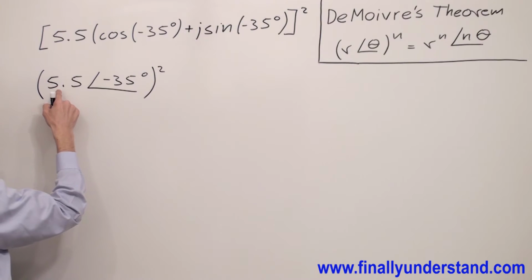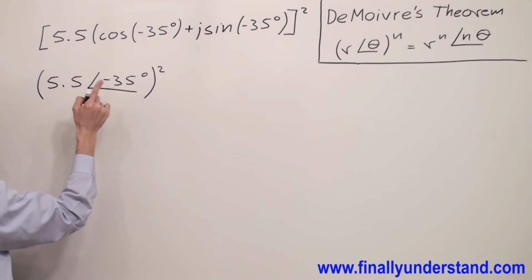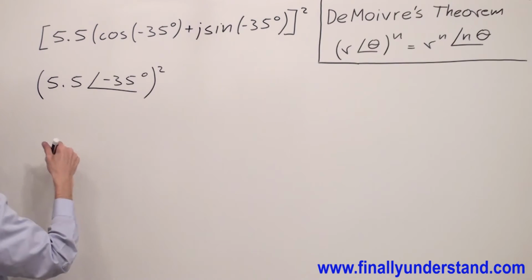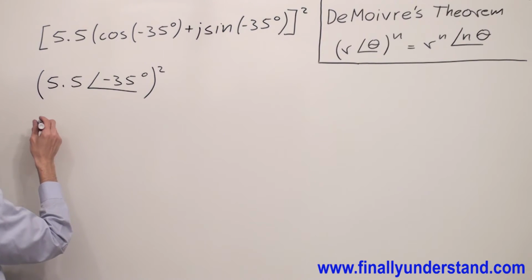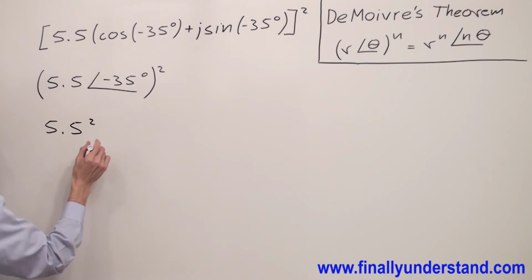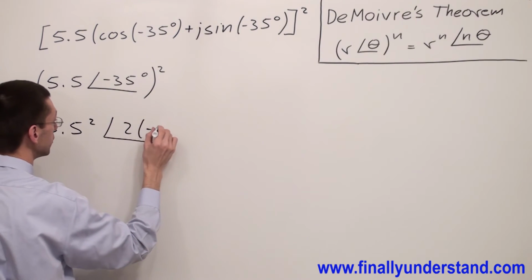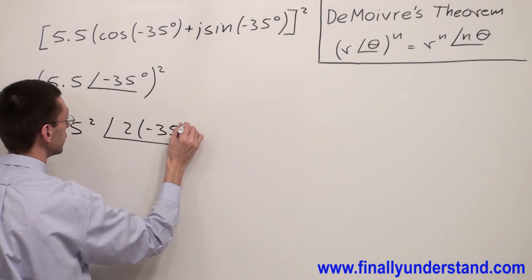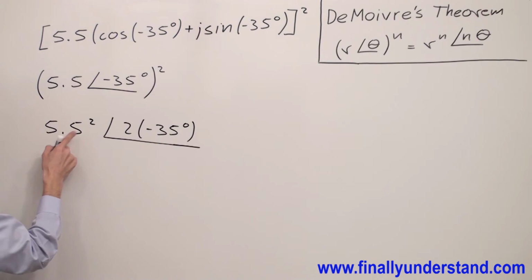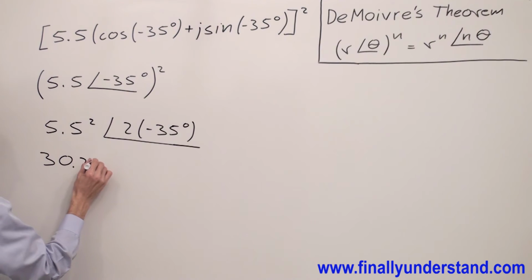I have to raise the magnitude to the second power and multiply the angle by the power according to the given theorem. So I have 5.5 to the second power, and I have 2 times negative 35 degrees. 5.5 to the second power is equal to 0.25.